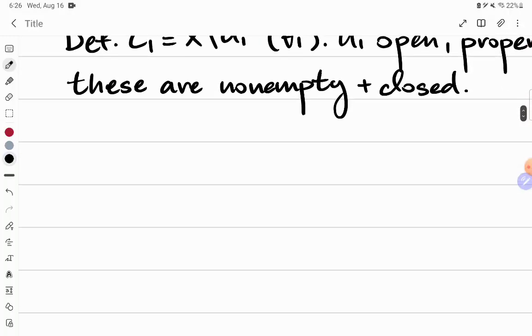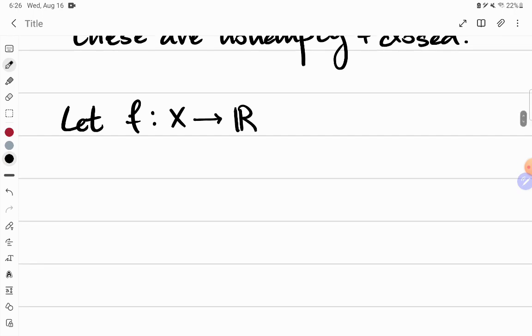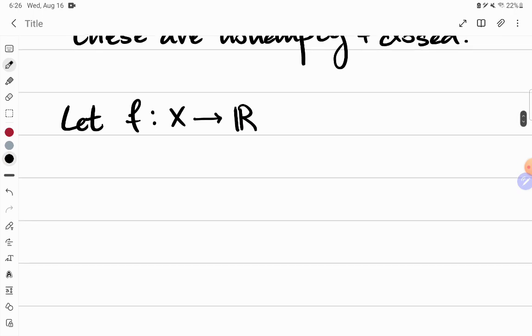Now we're going to define this function f, which will be our main tool in proving this lemma. So we're going to define f, which takes points in X to real numbers. In fact, we'll see that the image is actually even smaller than the whole real numbers. We'll prove that as an auxiliary fact.